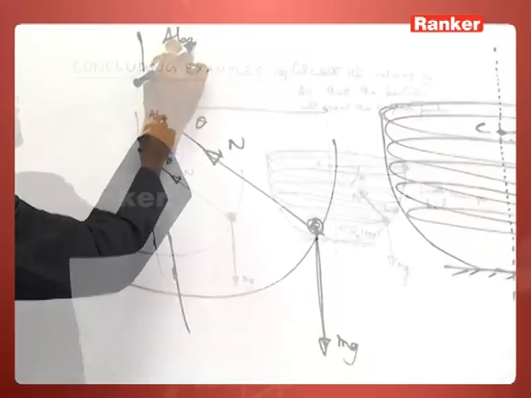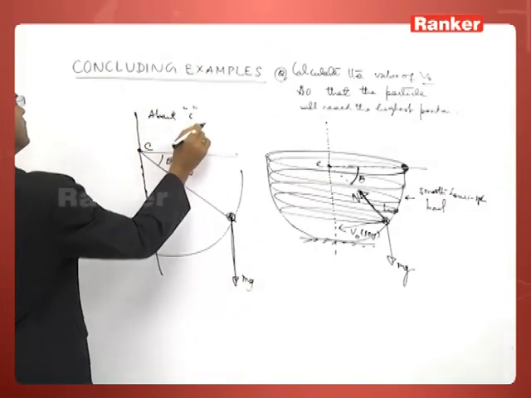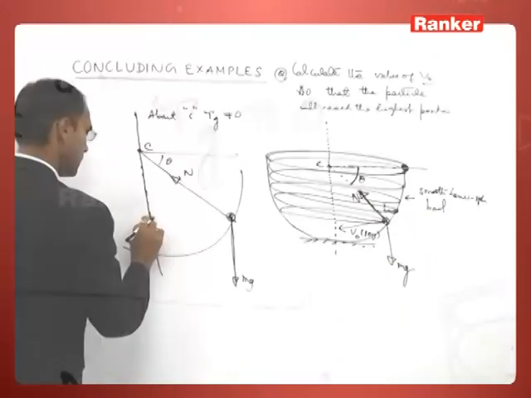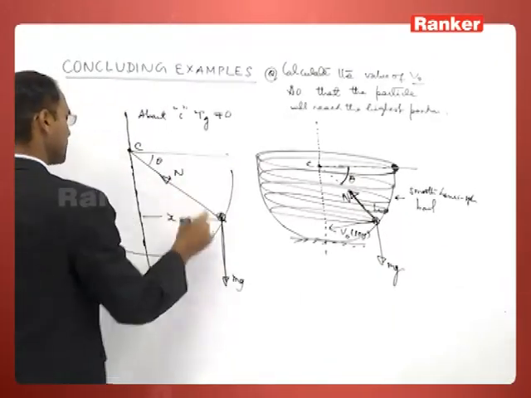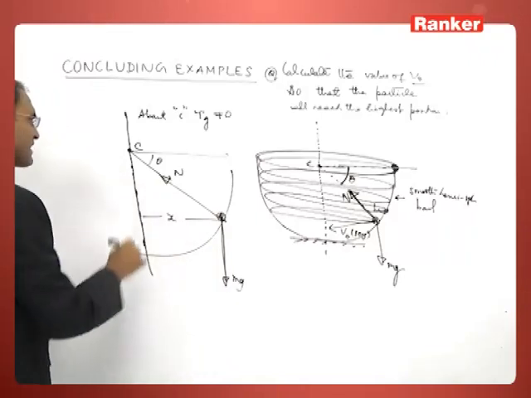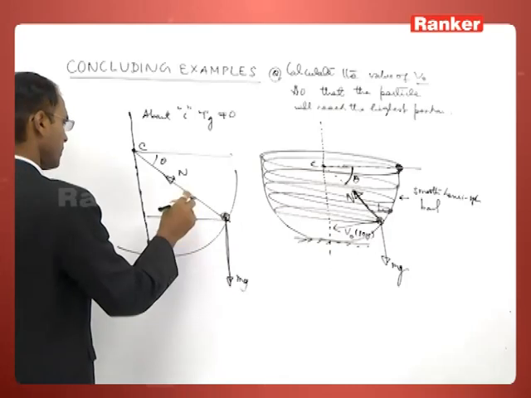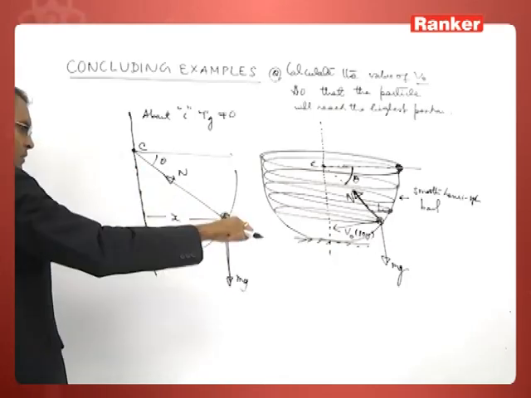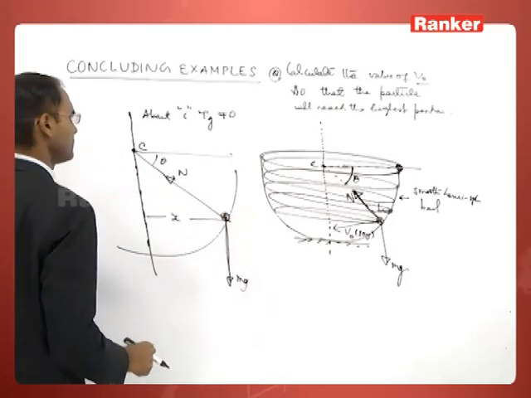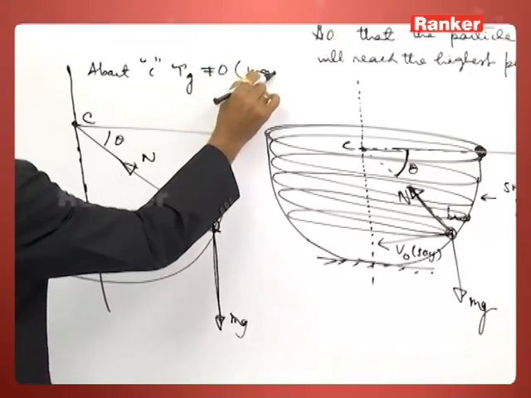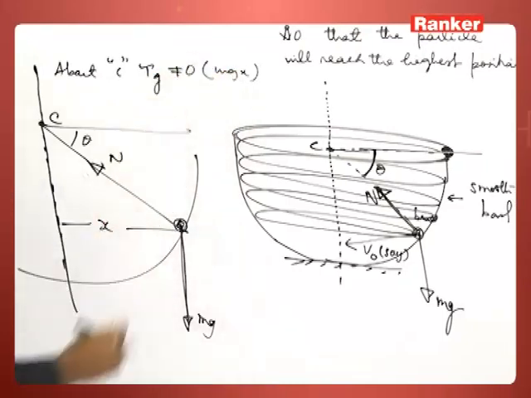See, the gravitational torque is not equal to 0, because magnitude wise the gravitational torque is equal to mg into x, in the inward direction. That is not equal to 0.